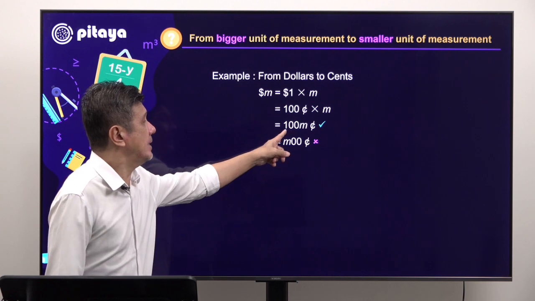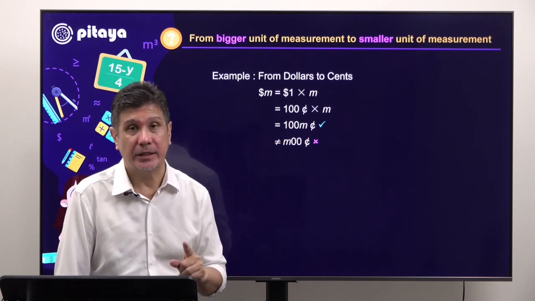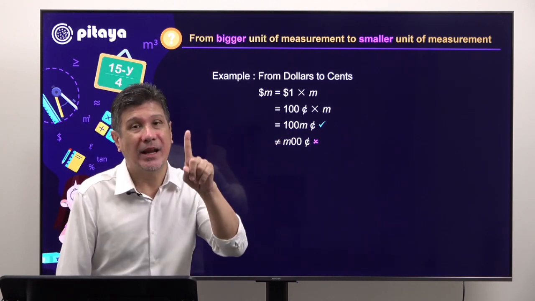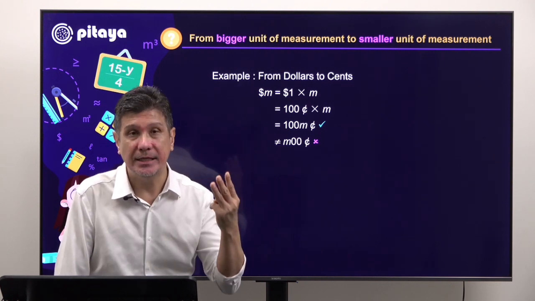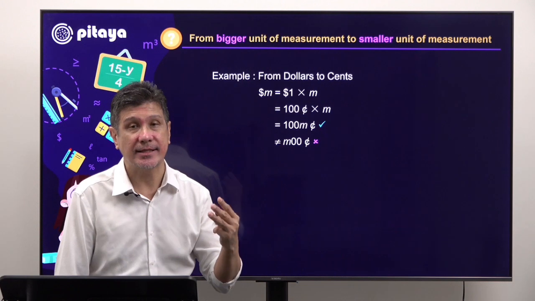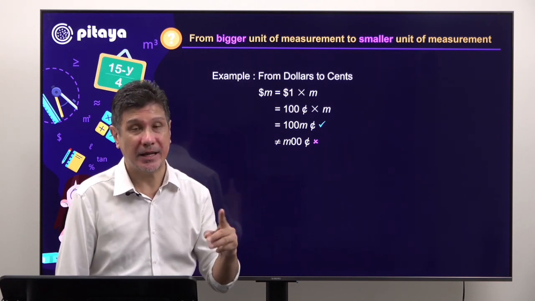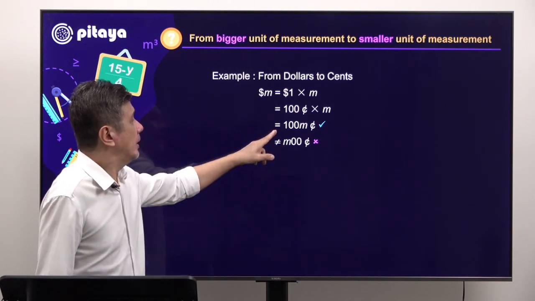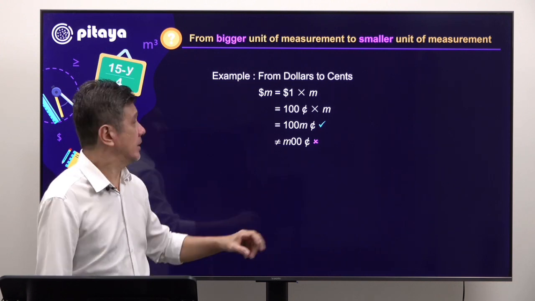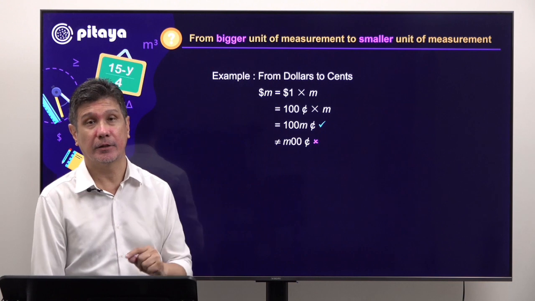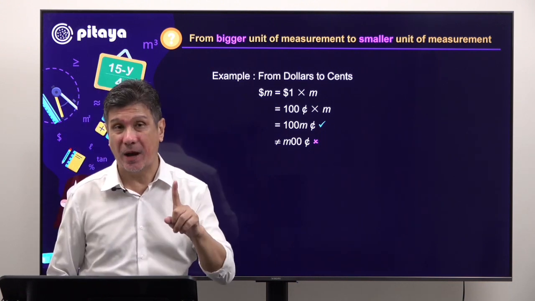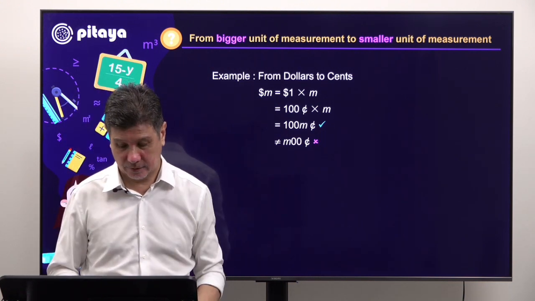What you see here is 100. 100 is actually one number. It is one number that has 3 digits, otherwise known as a 3-digit number. So it is not 1, it is 100. Therefore, you cannot put the M and replace. M is only replaced when it's 1, not when it's 100. All right.